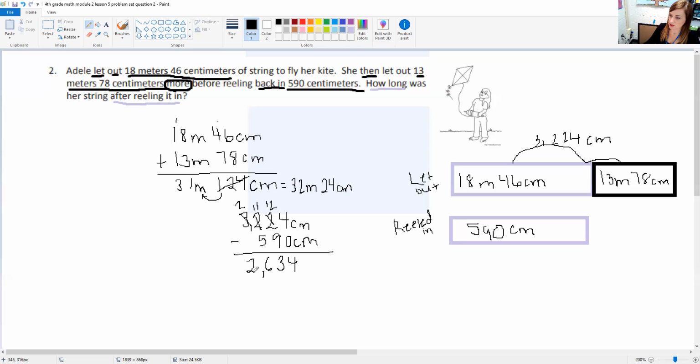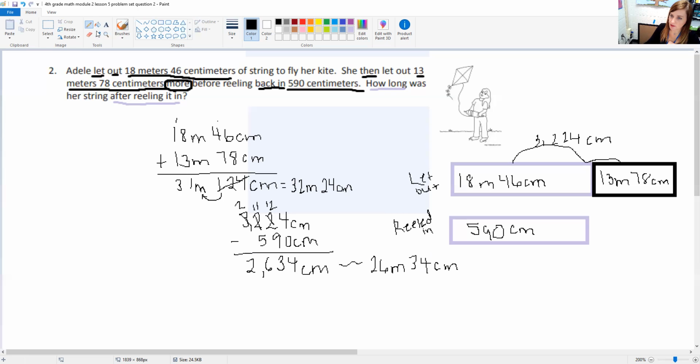And 2 minus 0 is 2. So we know it's 2,634 centimeters, or if we wanted to change it back to meters, we could say 26 meters, 34 centimeters.